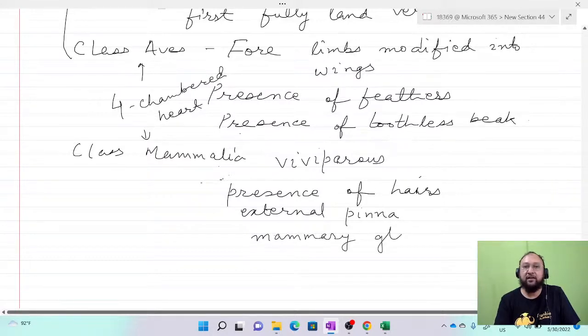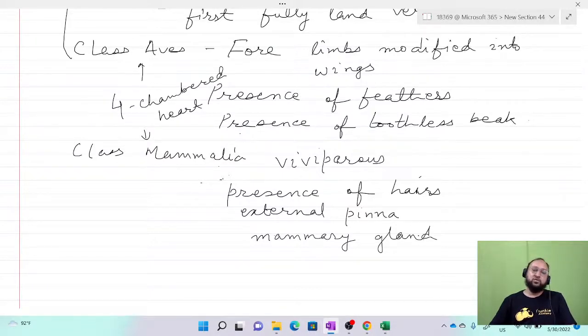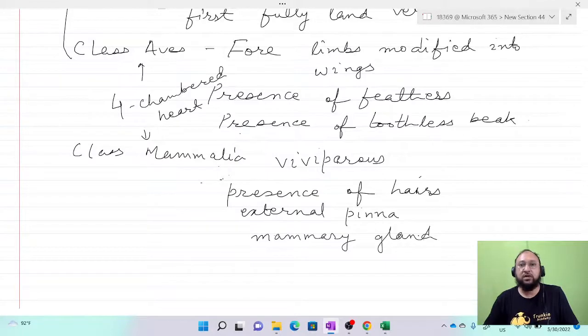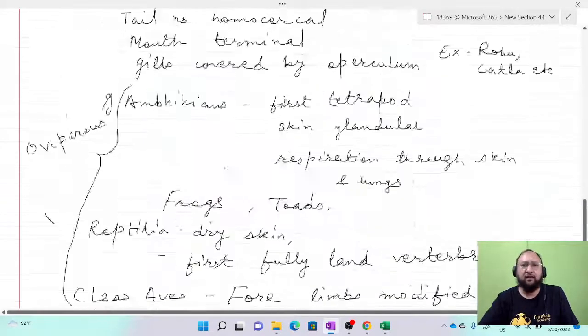This mammary gland is highly active and functional in the females of the class Mammalia, and they use it as a milk gland to nourish and feed the young ones, the infants, after giving birth. So these are the features of different groups of the phylum Chordata.